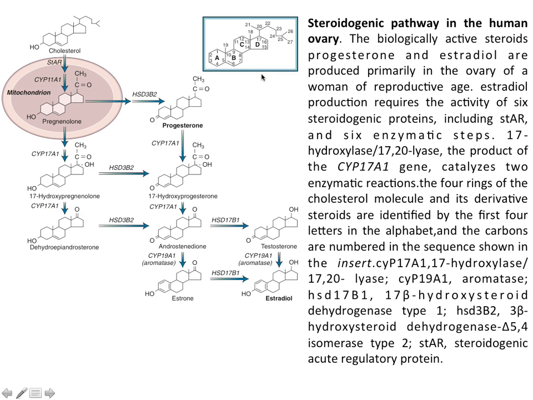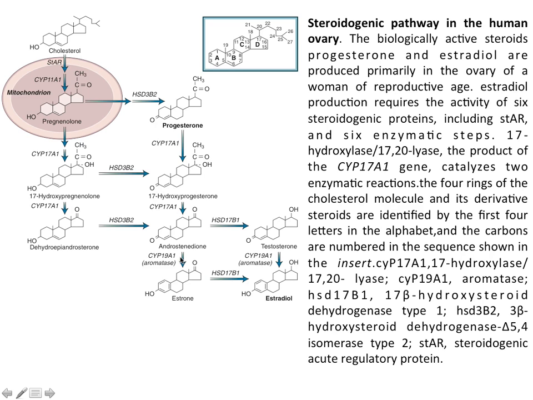Here in this slide, I have shown how cholesterol is converted into the various reproductive hormones using 6 important enzymes. Here I have shown the ovarian cell. Inside the ovarian cell, the cholesterol can be converted into pregnenolone, and this pregnenolone can convert into progesterone, and then it converts into 17-hydroxyprogesterone.